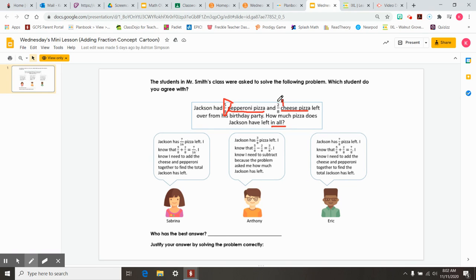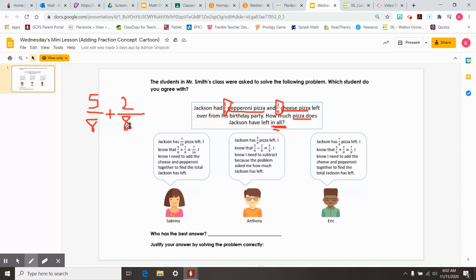So the fact that he had two different pizzas tells me that it's not the same one. So therefore, I would need to add to find out how much pizza he has left in all. So I'm going to take my 5/8, and I know I need to add them together. So I'm going to add my 2/8.